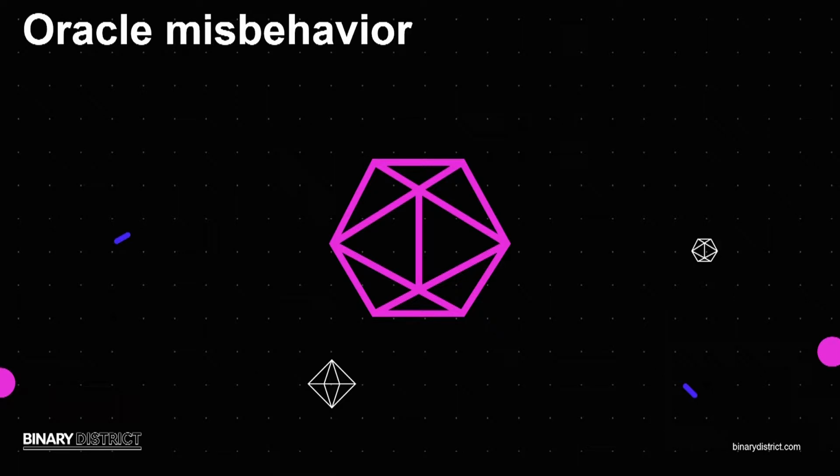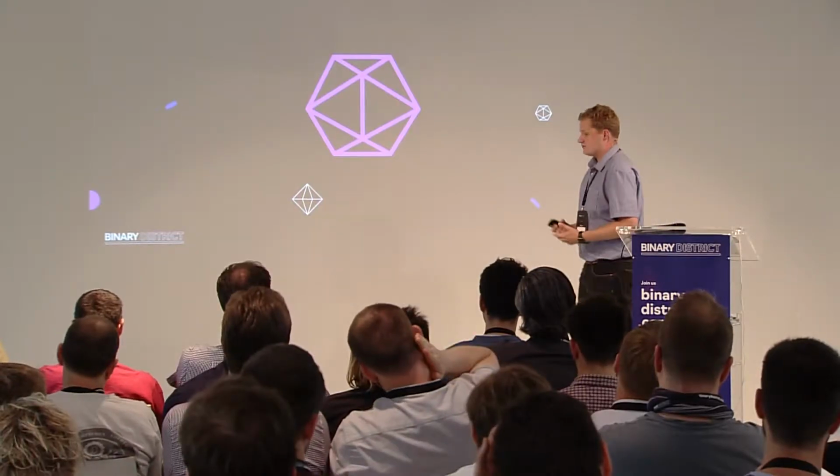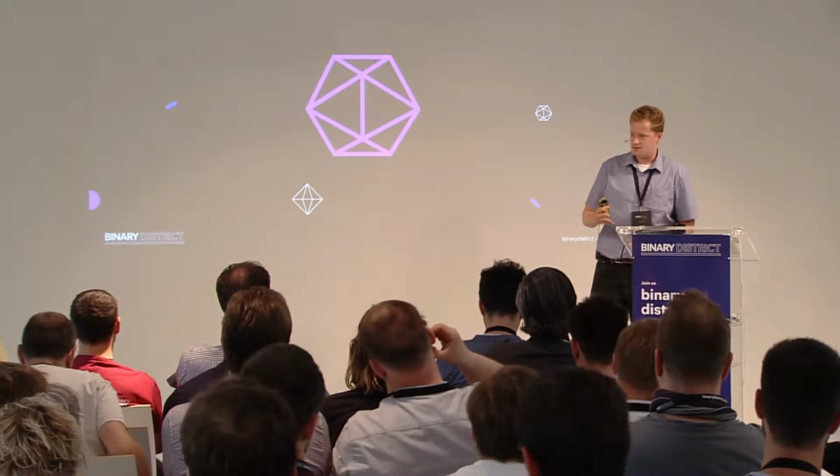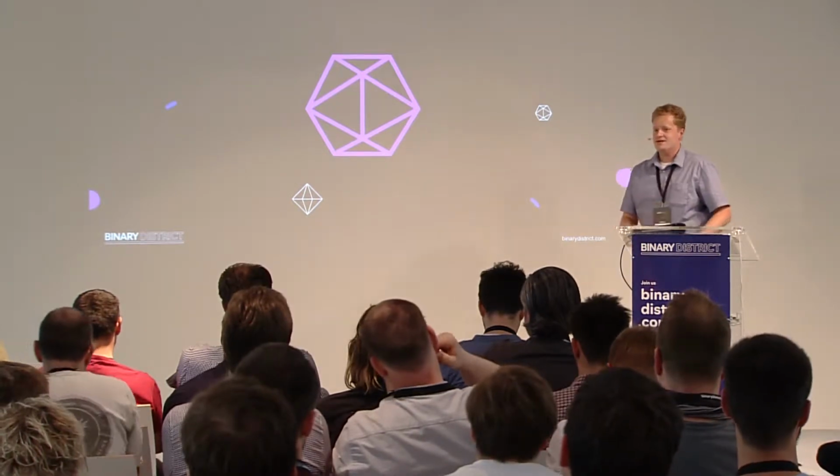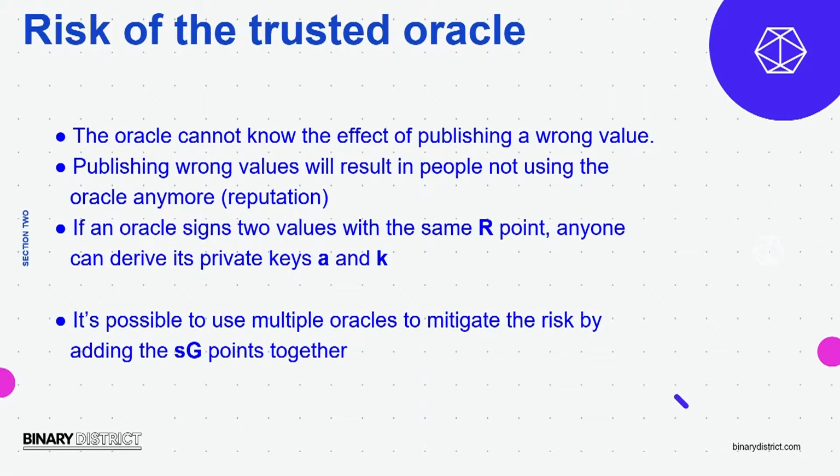Now there's another problem, and that is the trust in the oracle. And I think it was covered in the talk before me as well. If the oracle misbehaves, then this whole system kind of collapses. So even though the oracle doesn't know about the contracts in which her signatures are being used, she can still publish the wrong value, either because of a bug in the system or whatever.